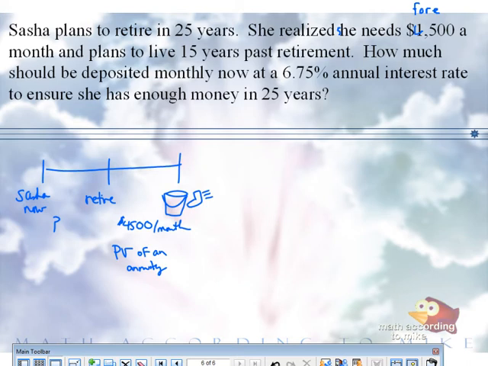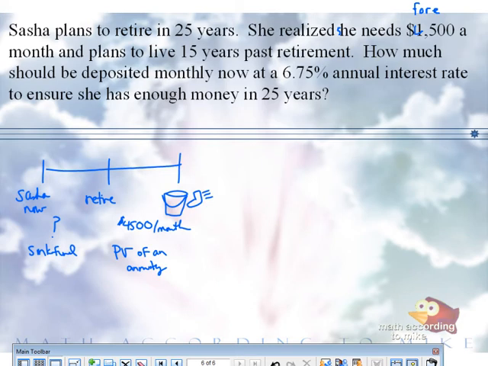So what formula do we need before retirement? We need a sinking fund, because this formula will tell us how much we should put away now to ensure that we have enough money in the future.